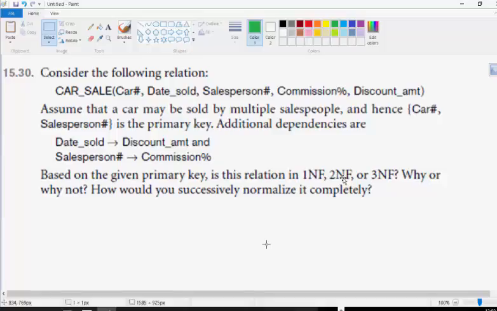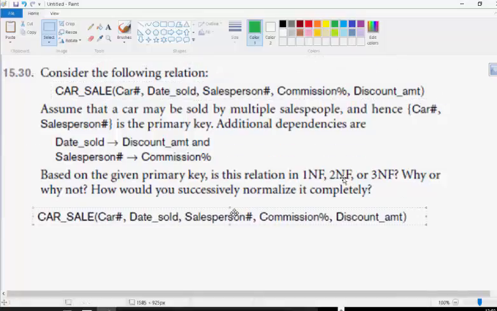Additionally, they've added that date sold gives you the amount, and salesperson gives you the commission percentage. So we can easily do it, it's my car sale. So it says that the primary key is car number and salesperson.